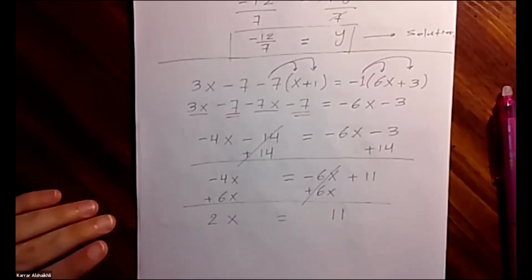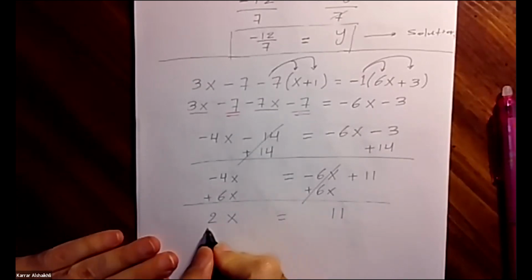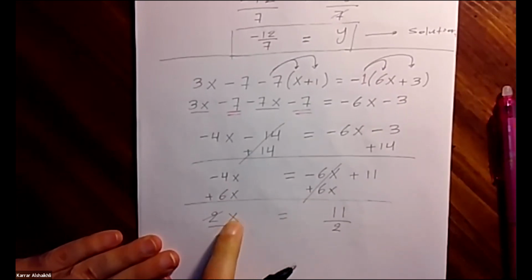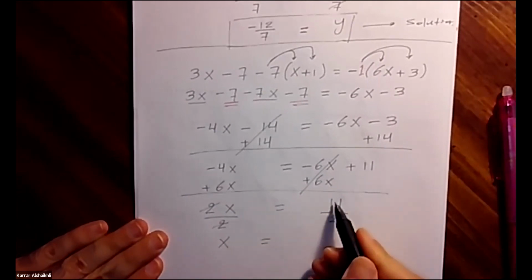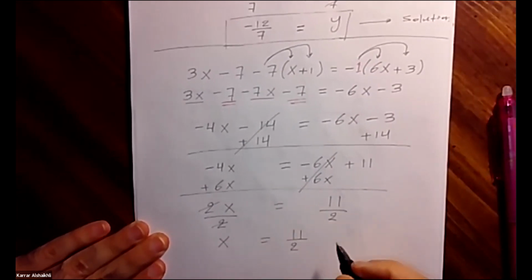Last step, we're going to divide both sides by 2, by the number with the variable. Divide both sides by 2, cancel these 2. The leftover here is just the x equal, I can't simplify the 11 over 2, so I'm just going to write down 11 over 2. This one is going to be the solution.